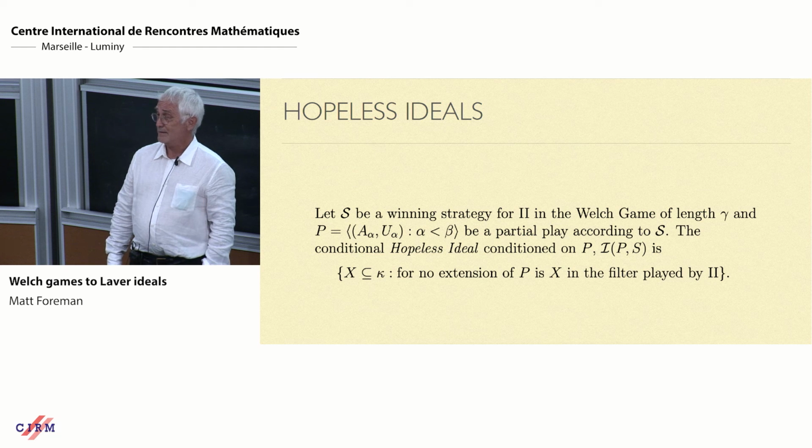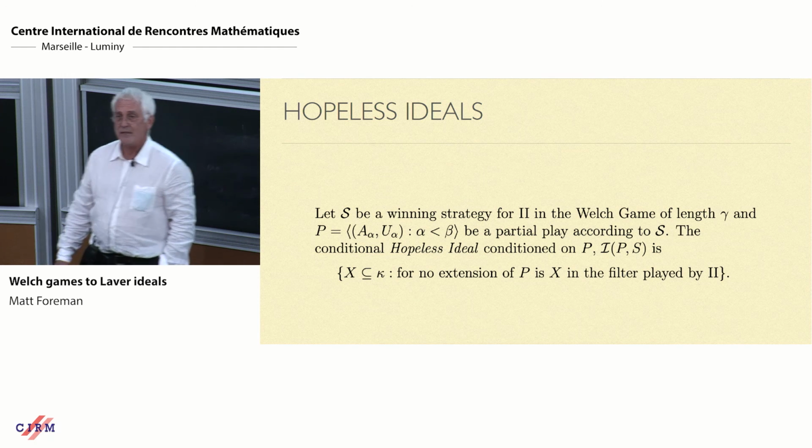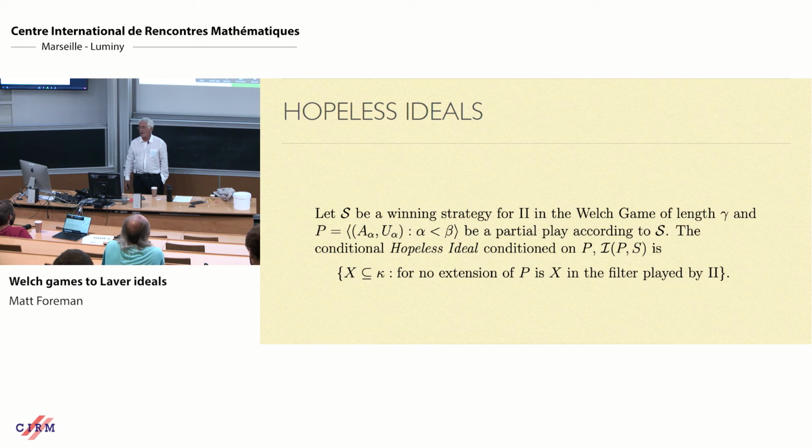You're hopeless. When can't you make the 1%? It means that there's no extension of the position where you've played so far where you end up in the ultrafilter. Okay? So it's hopeless for you in any extension of your history. It's hopeless for you to get into the 1% given your history. Okay? So this is the conditionally hopeless ideal conditioned on P, where P is this partial play.